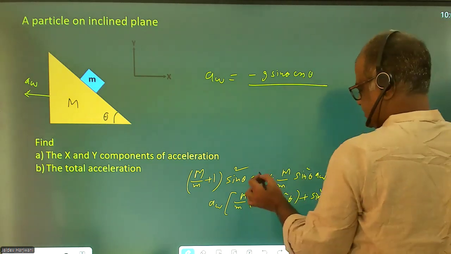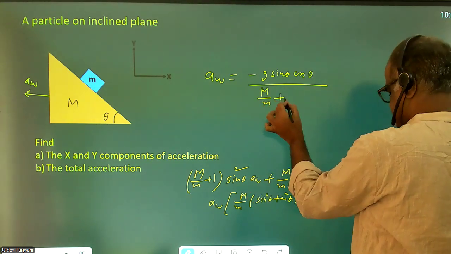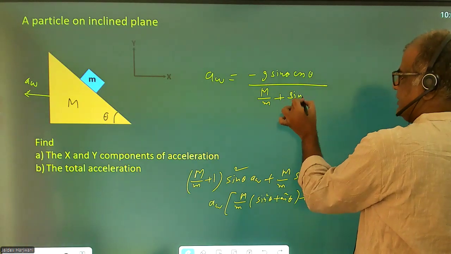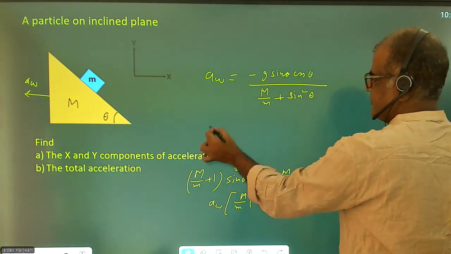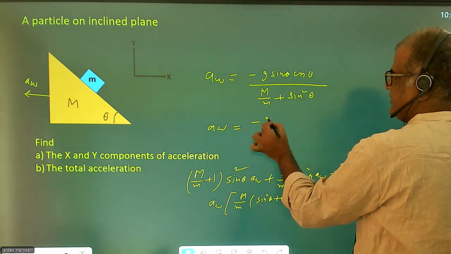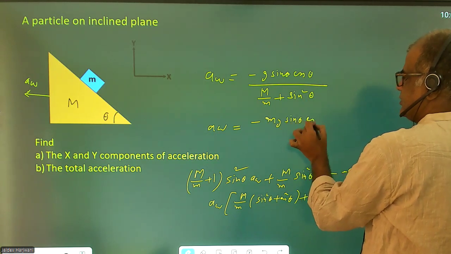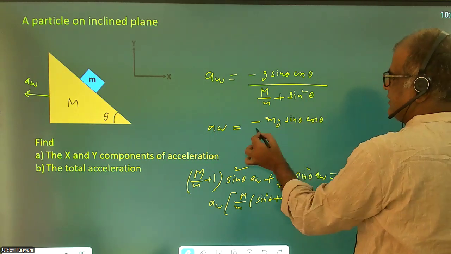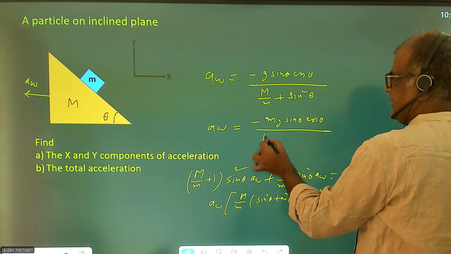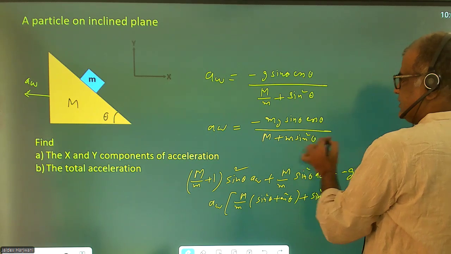And now this is m upon M sine square theta, and this expression is sometimes written also like this: m g sine theta cos theta, and then you write here M plus m sine square theta.